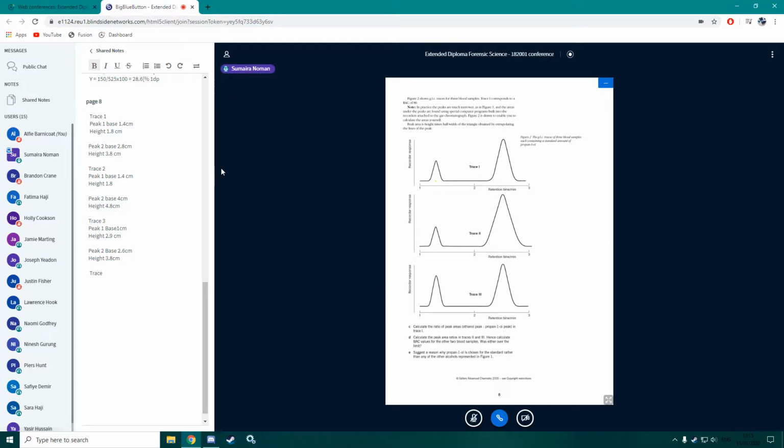Okay, and if I go back to the shared chat, I've shown you where to find everything. I've copied the shared notes. Someone added to them while I was doing that. Has anybody added anything? Maybe I need to copy and paste again. I'll double check. But I've copied them onto a Word document.